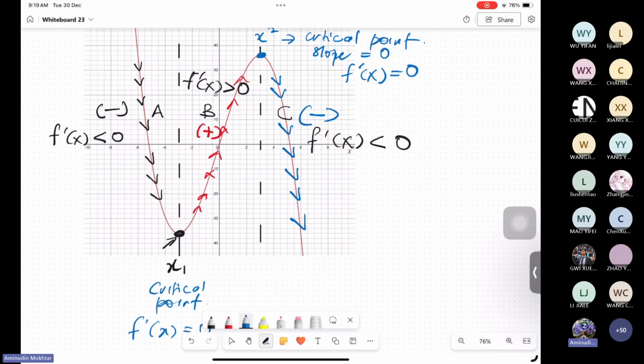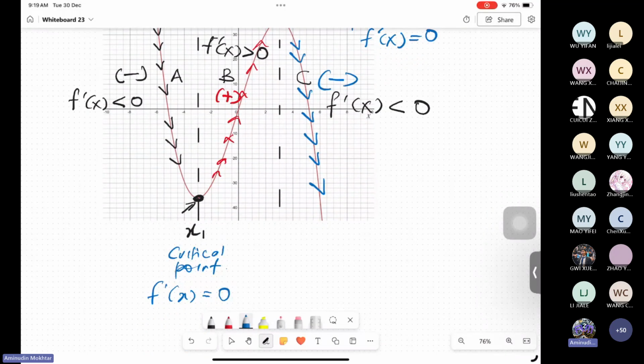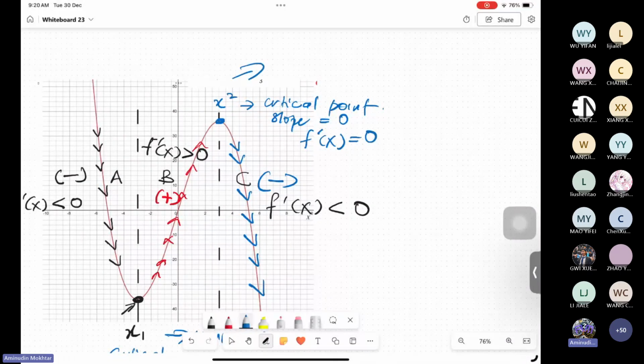As you can see here, x1 is a minimum point, a minimum relative point, but x2 is a maximum point. That is the difference between x1 and x2. Both are critical points, but when we look at the graph, x1 is a minimum point and x2 is a maximum point.